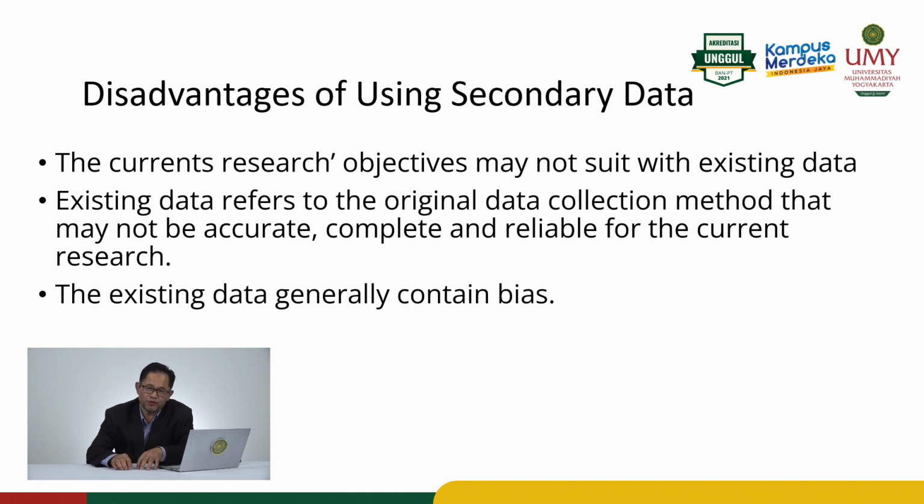This can also produce something that is not suitable for the current condition of your research. So these are the disadvantages. And the last one: even if it is not bothered by the researcher's bias, the data itself is biased. So secondary data also contain bias in the data itself.